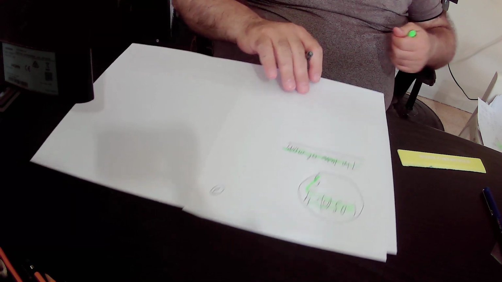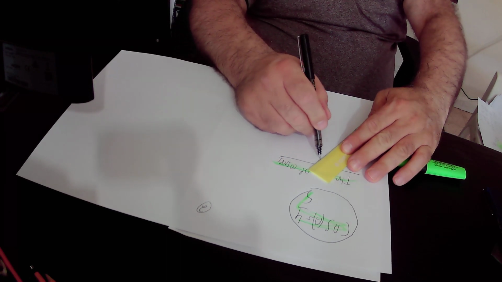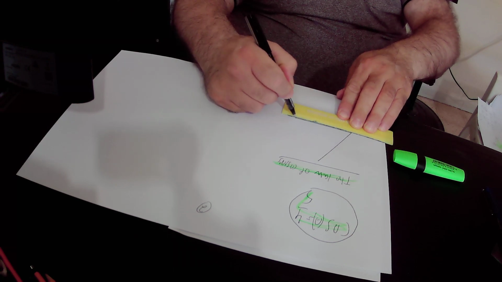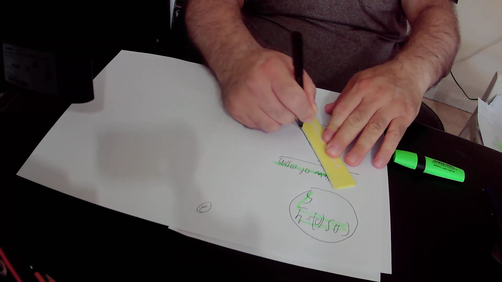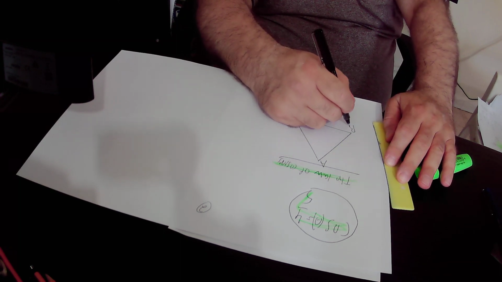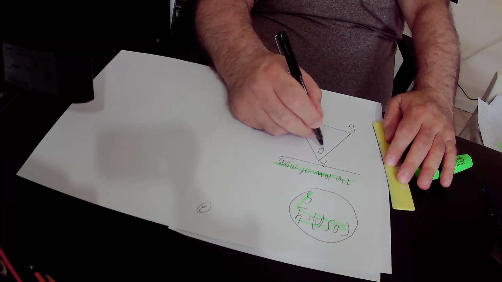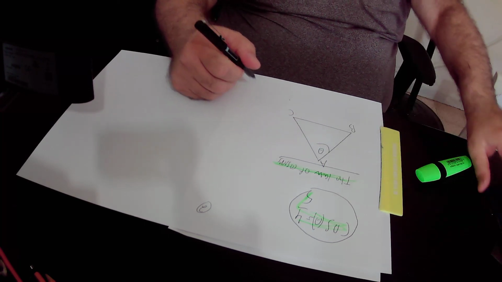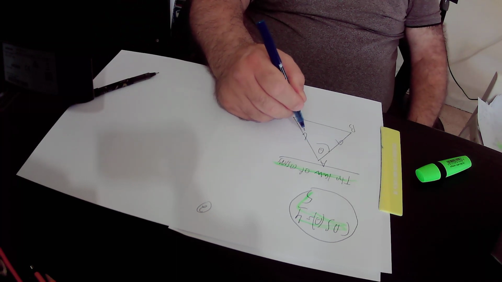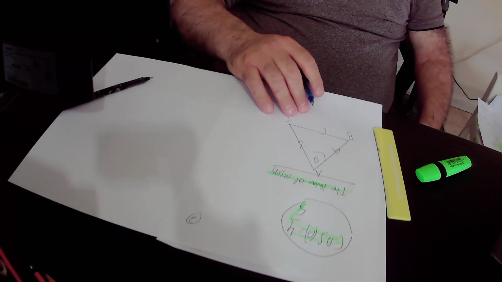If we have triangle ABC, that could be any triangle, the angle between side AB and side AC is theta. Side AB equals A units in its length, side AC equals B units in its length, and side BC equals C units in its length.